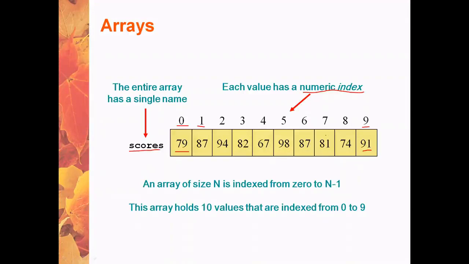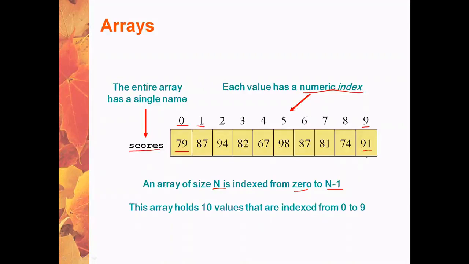Totally we have 10 elements in this particular array, and the maximum index value for this is 9. So as it is said, an array of size n is indexed from 0 to n minus 1.